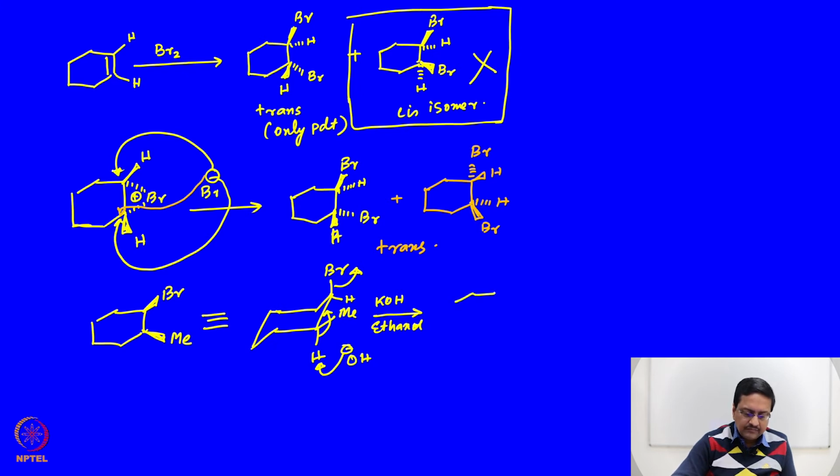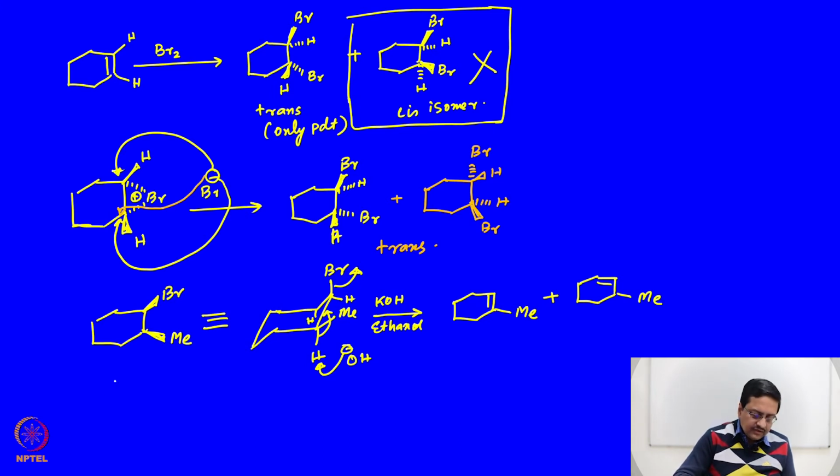So we will end up getting a product which would be this one. Along with this, the other product which can form from that particular proton also forms as a second alternative product.